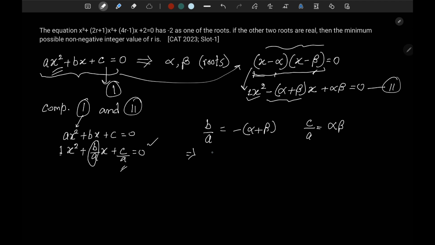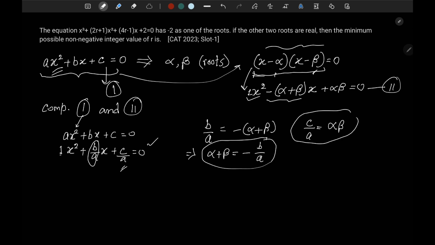Or from here you can write alpha plus beta equal to minus b by a. These things you have to remember, they will be useful in most of the questions related to quadratic equation. This is nothing but your sum of the roots, and this is your product of the roots, and they are given by minus b by a and c by a respectively.